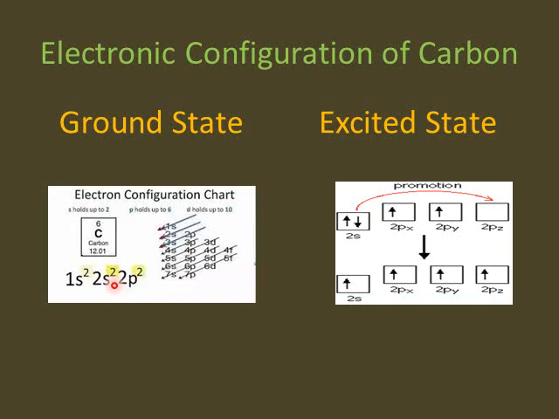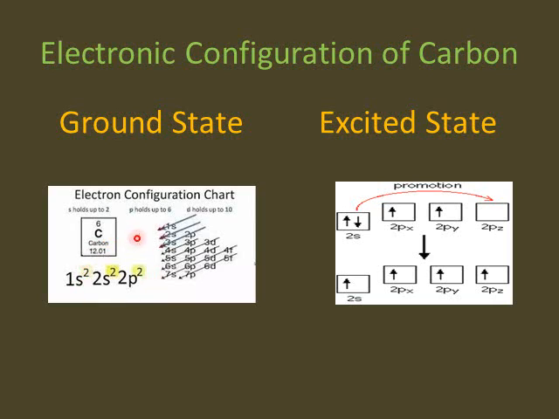As we know, s cannot accommodate more than 2 electrons. So here 1s has 2 electrons, 2s has 2 electrons and 2p has 2 electrons. Now p can accommodate 6 electrons, but we don't have 6 electrons left. We have only 2 electrons left after filling 1s and 2s. So these 2 electrons will come in 2p.